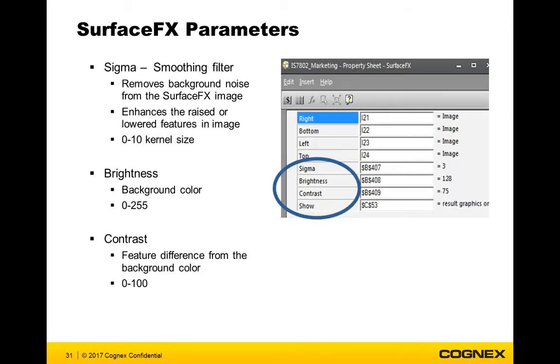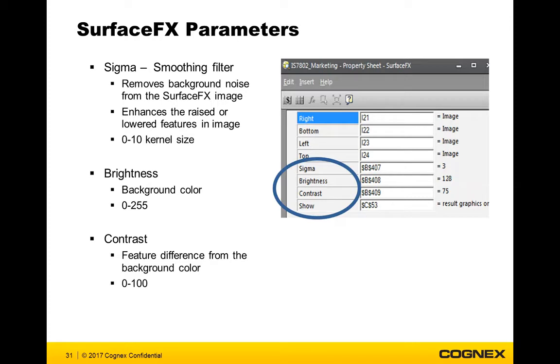And while we're here talking about the property sheet and the inputs to SurfaceFX, I just want to briefly go over what the 3 parameters of SurfaceFX mean. This is actually in the help file because this is officially released in 5.4, so you can always reference that as well. We have Sigma, which is similar to a smoothing filter. It's going to remove some of the background noise from the SurfaceFX image.